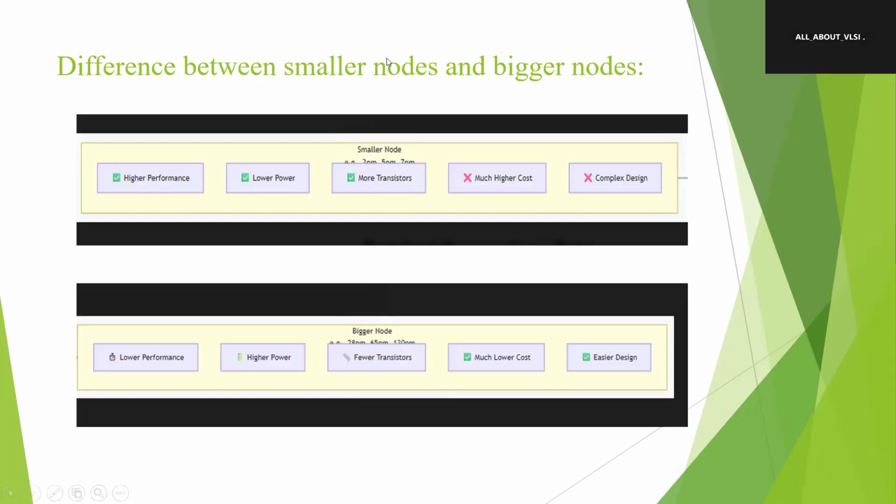So these are the main differences between smaller nodes and bigger nodes, guys. Coming to smaller nodes, our performance increases. Why? Because we are having more transistors, right? High performance is there because of the larger number of transistors. Transistor count increases. But low power. It consumes low power also.